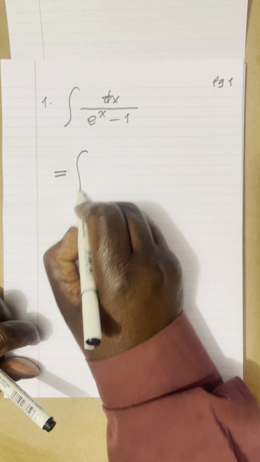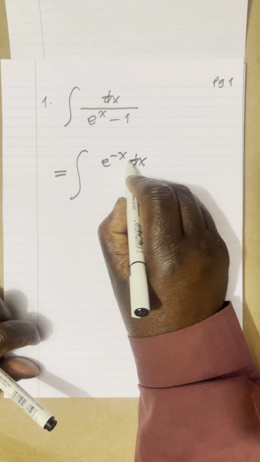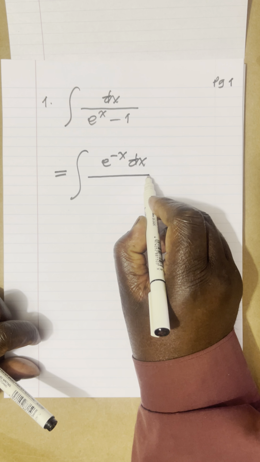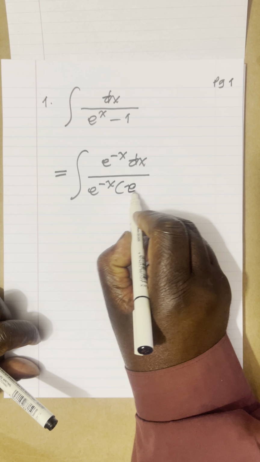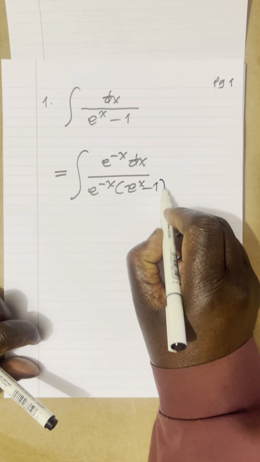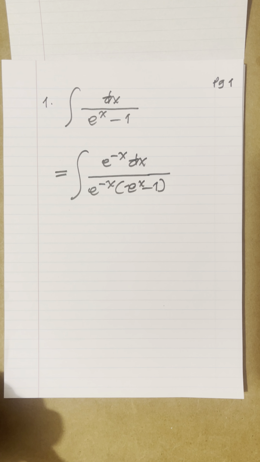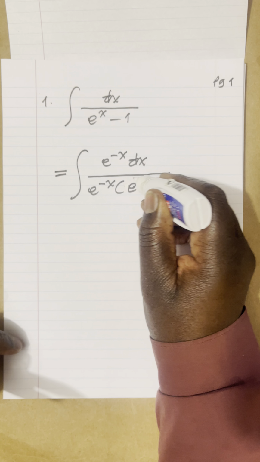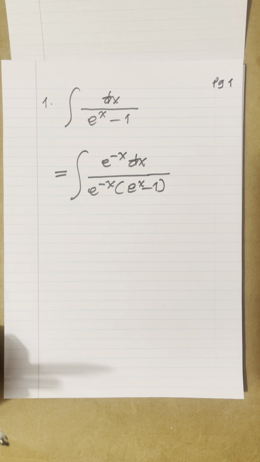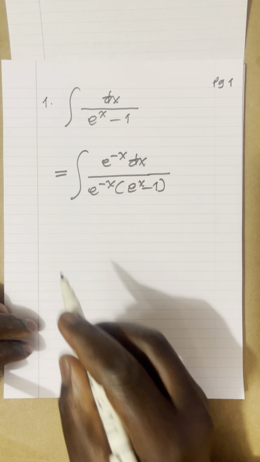This is the same as the integral of e to the minus x dx, divided by e to the minus x multiplied by e to the power x minus 1, like that. Next, we have to remove these brackets. In other words, distribute e to the power x as follows.